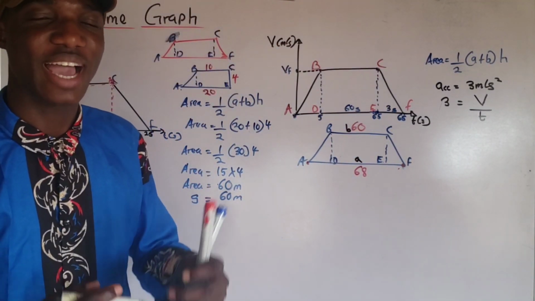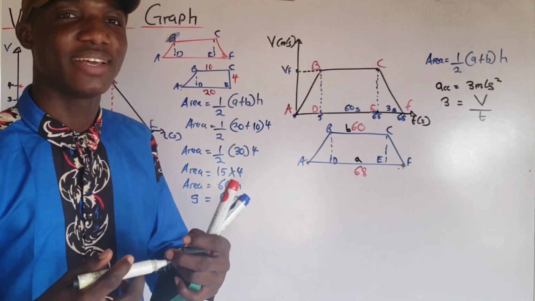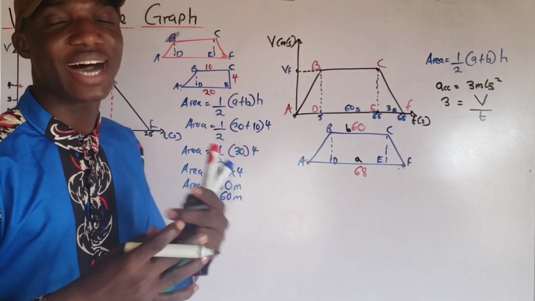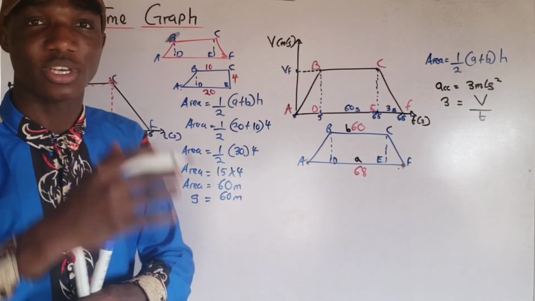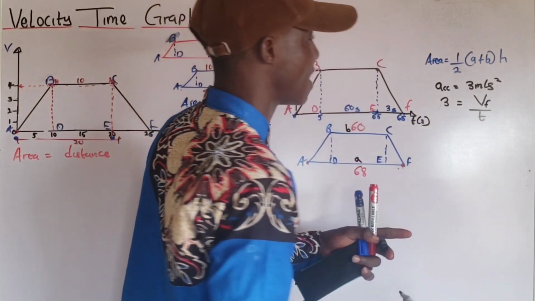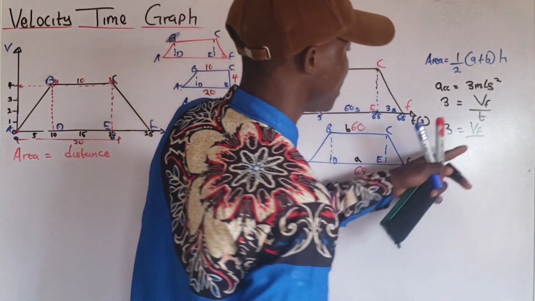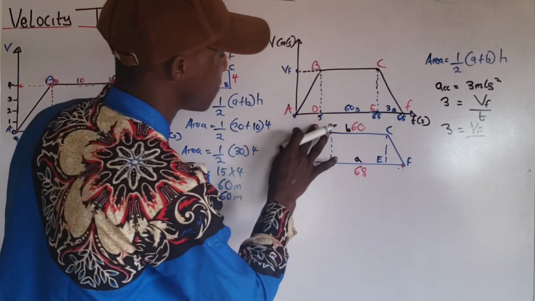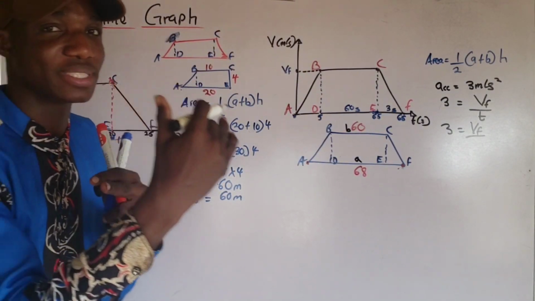What I want to do is determine the velocity that the body attained when it accelerates at the rate of 3 meters per second squared. Acceleration is velocity over time. So 3 is equal to Vf all over T.